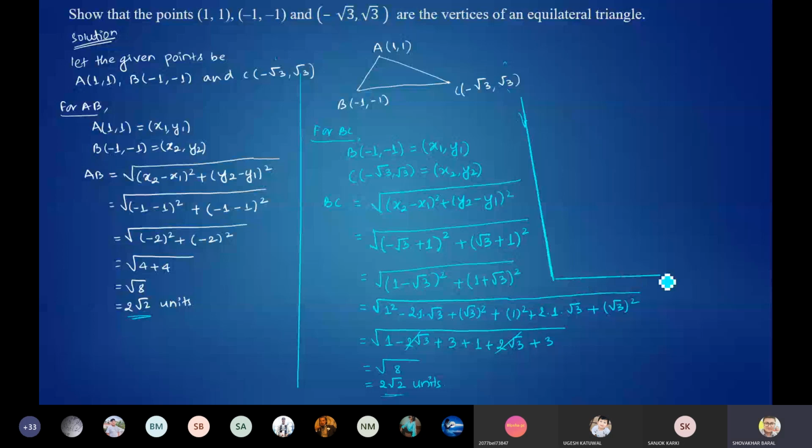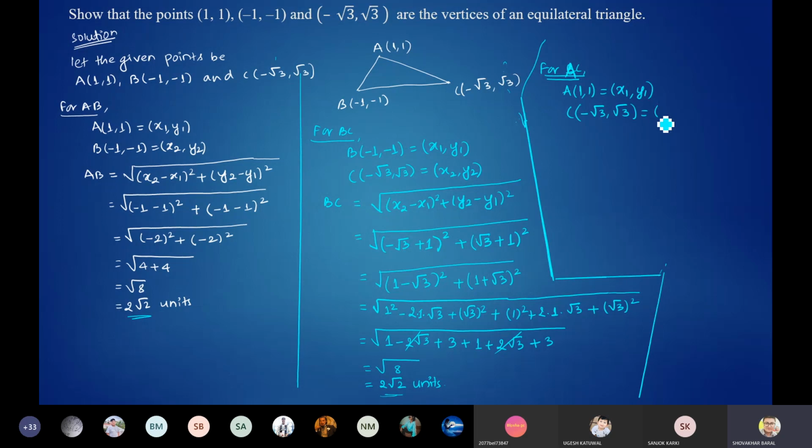Okay, so let's go to solve for BC. Sorry, we got already BC. Let's solve for AC. For AC, let A (1, 1) be x1, y1, and C (minus root 3, root 3) be x2, y2.